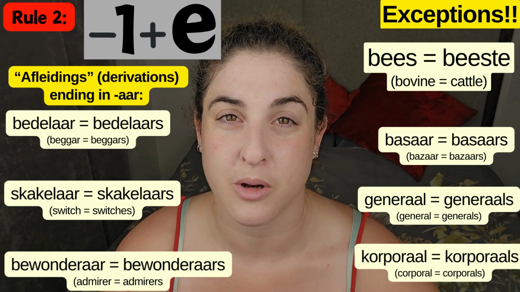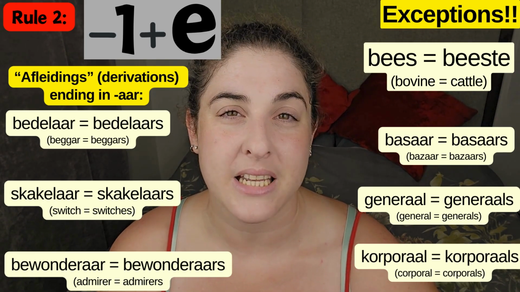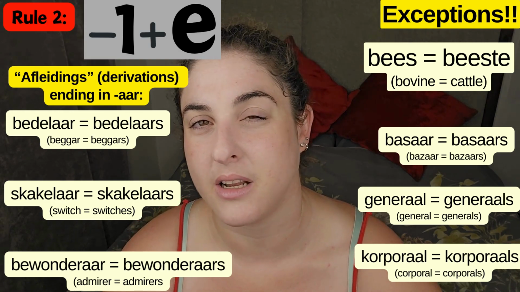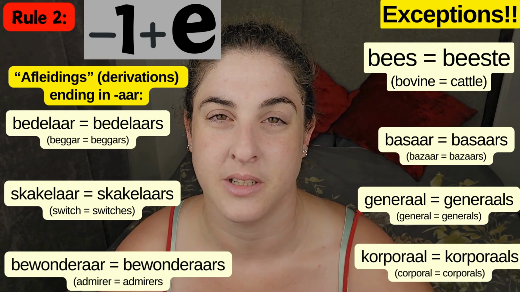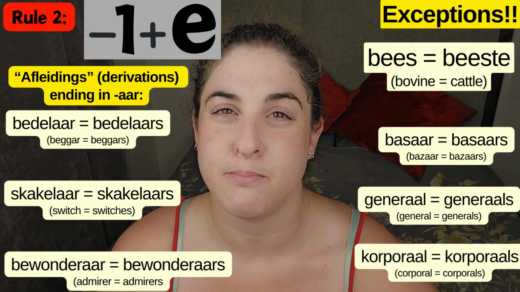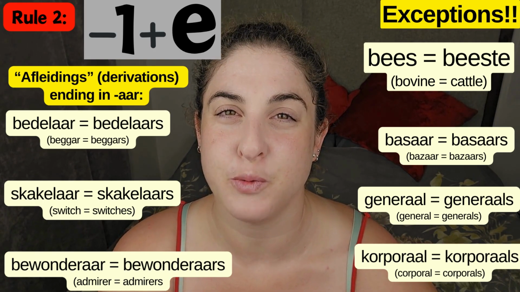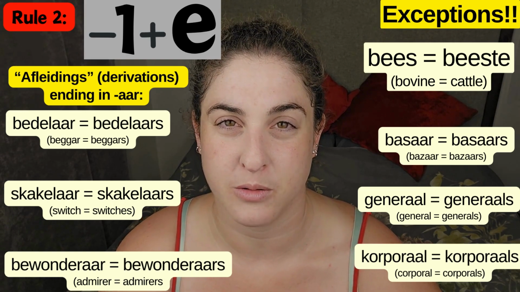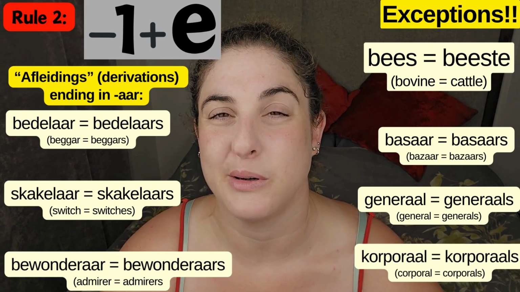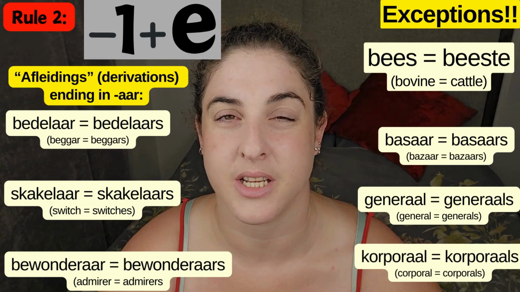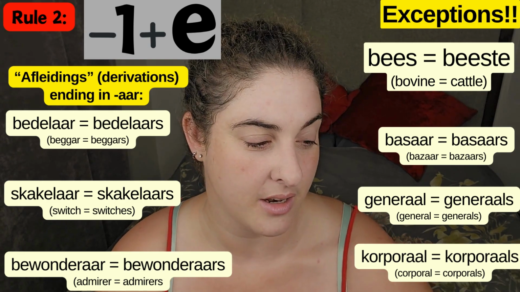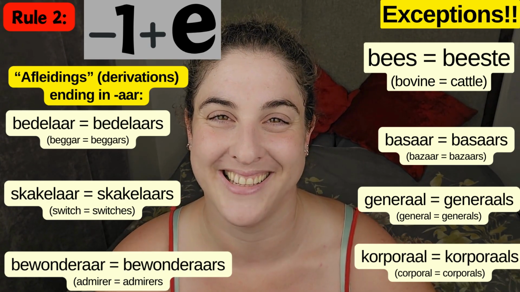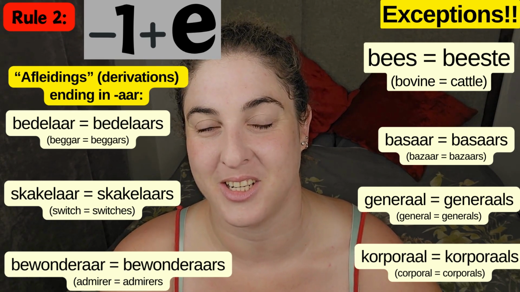Right, so the examples are as follows. Bedelaar, which is bedelaars, the plural. And the base word there is bedel, which means to beg. And then from there, bedelaar is formed, which is a beggar. And then the plural is just bedelaars, and it just gets an S. Then skakelaar, which is skakelaars in the plural.